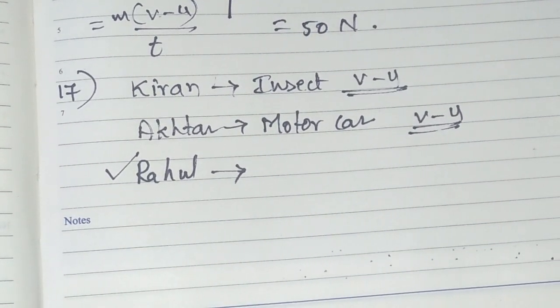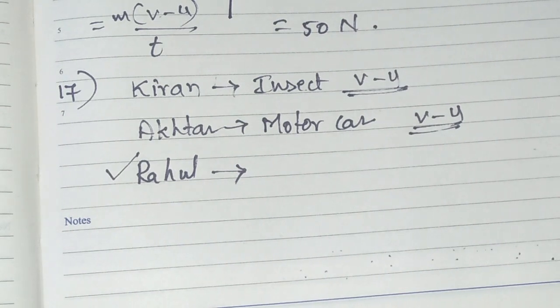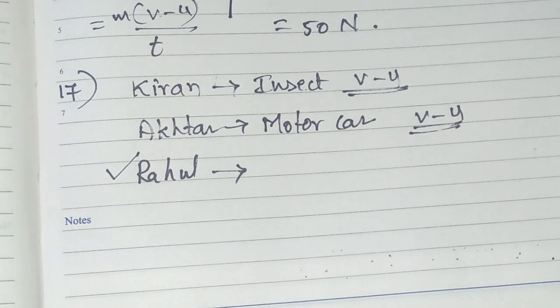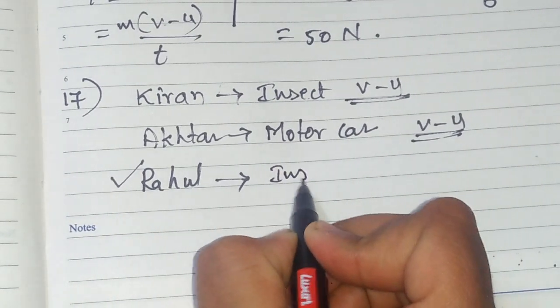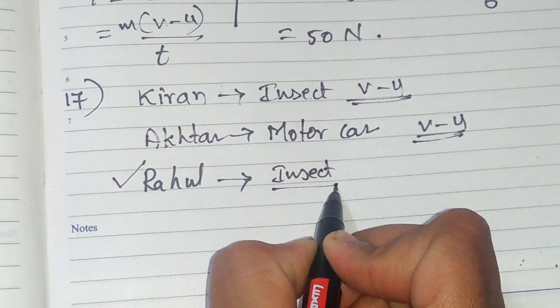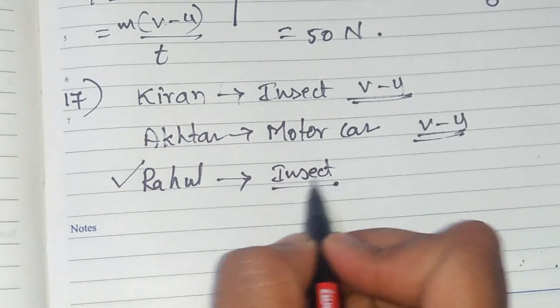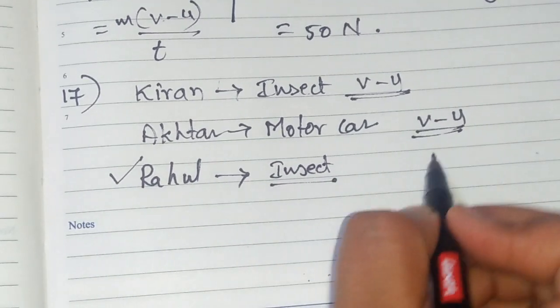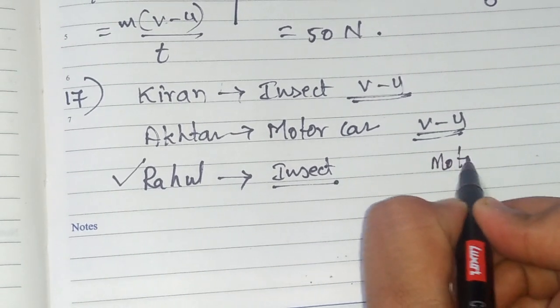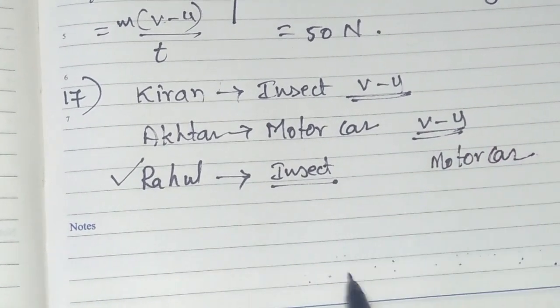Why? Because both insect and motor car will exert the same force on each other, because action and reaction forces are equal. Though it is a very small insect with less mass, if you multiply mass and velocity, whatever momentum we get, the motor car also has the same, and both of them are traveling in opposite directions.